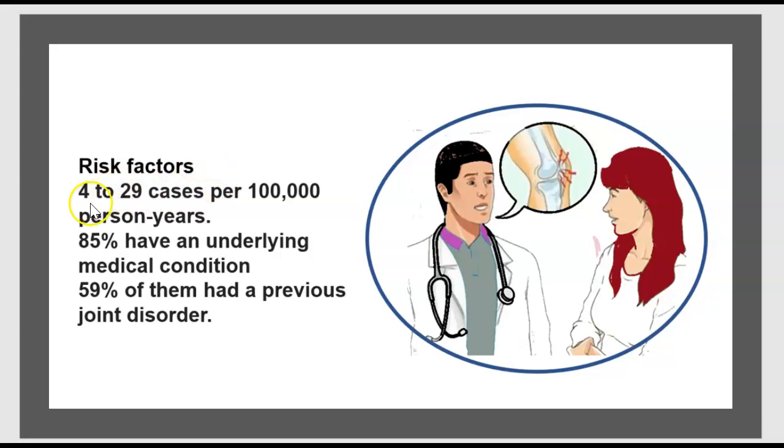Risk factors: 4 to 29 cases per 100,000 persons a year. 85% have an underlying medical condition. 59% of these had a previous joint disorder.